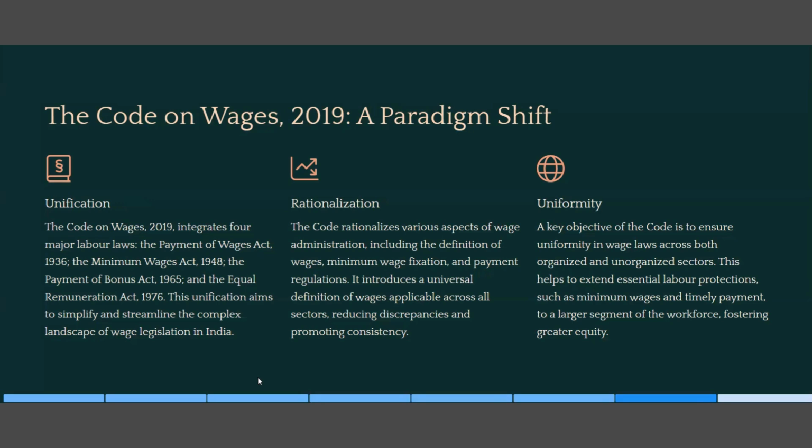Uniformity. A key objective of the code is to ensure uniformity in wage laws across both organized and unorganized sectors. This helps to extend essential labor protections such as minimum wages and timely payment to a larger segment of the workforce, fostering greater equality.